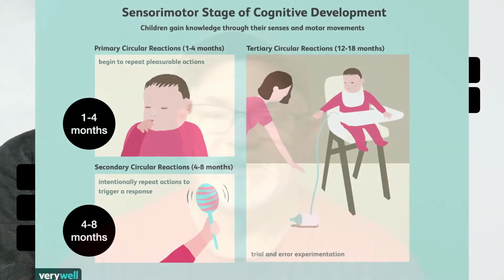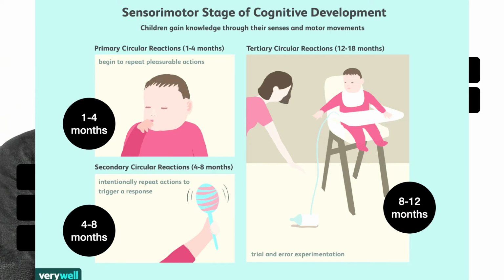And you folks who have children, you're probably like, yeah, I remember when that was going on. Now, we're left with this last piece here, tertiary circular reactions, appearing at 8 to 12 months. And this is the really fun part, well, it's all fun, but there are great stories about this.